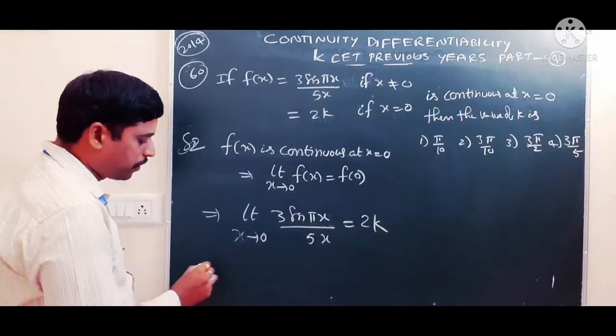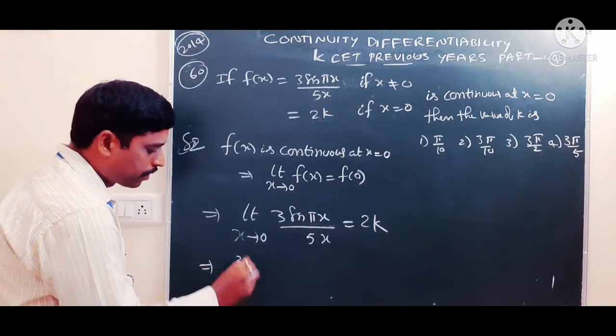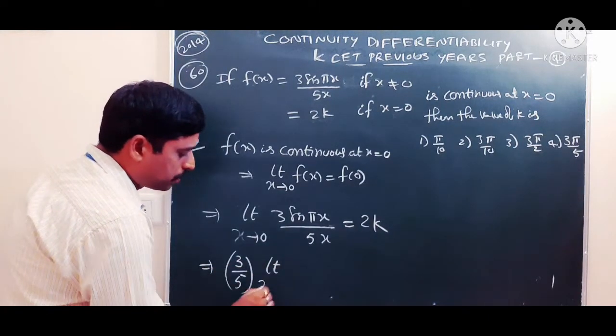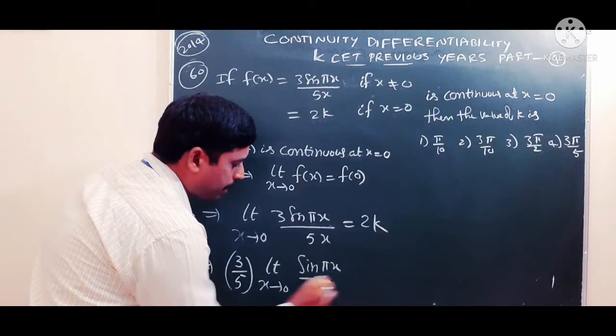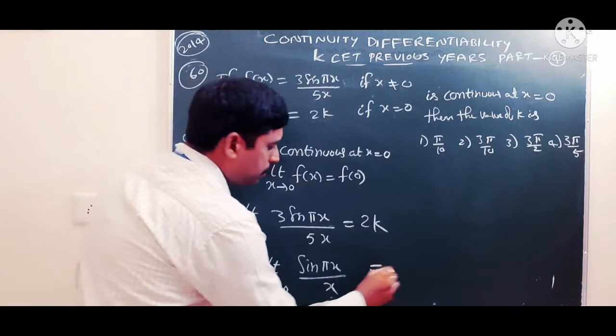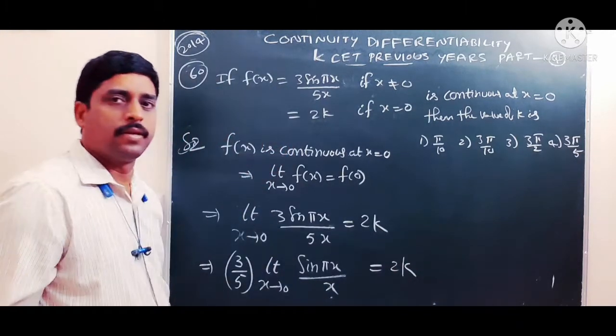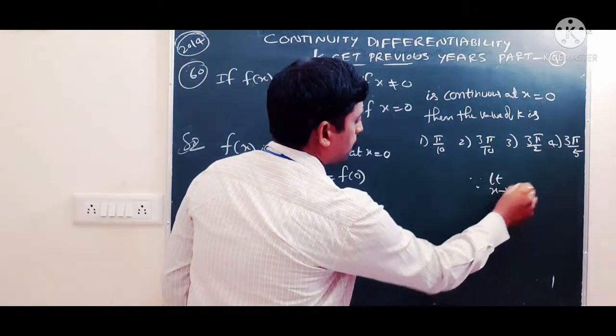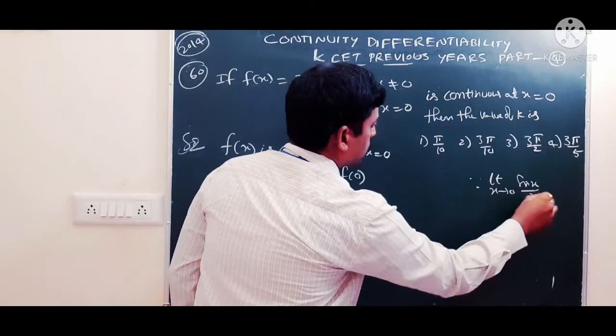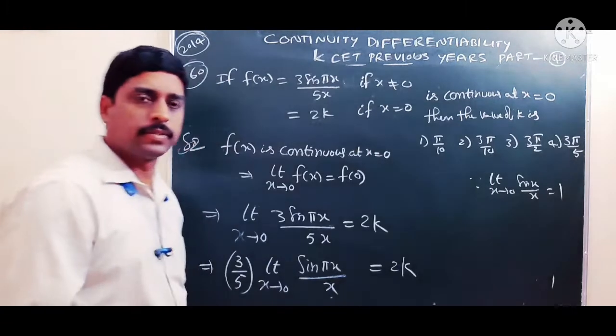In this, 3 by 5 is constant, limit x tends to 0, sin pi x by x. This will be 2k. We have one formula, limit x tends to 0, sin x by x. So this will be 1.